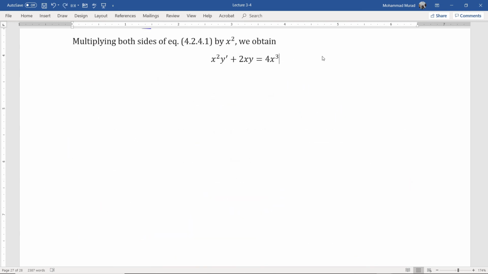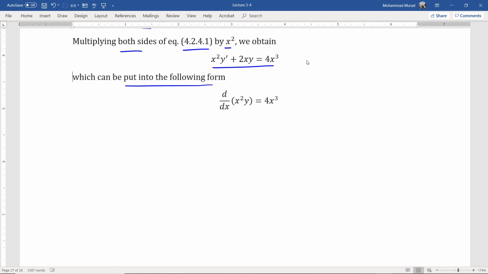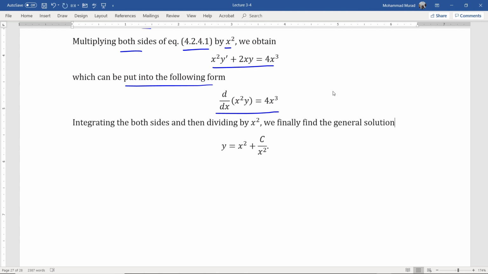Now multiplying both sides of equation 4.2.4.1 by the integrating factor x squared, we obtain the following equation, which can be put into the following form. Now, integrating both sides and then dividing by x squared, we finally find the general solution of the given differential equation.